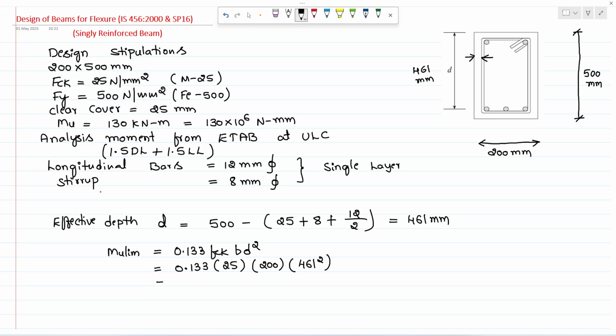It will be 141326465 Newton millimeter. If you divide this value by 10 power 6, it is converted to kilonewton meters.